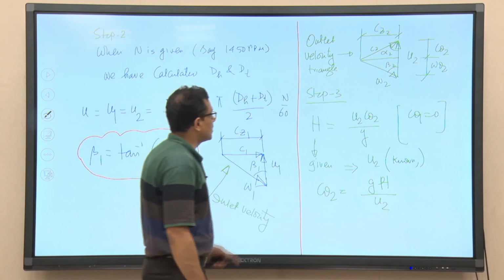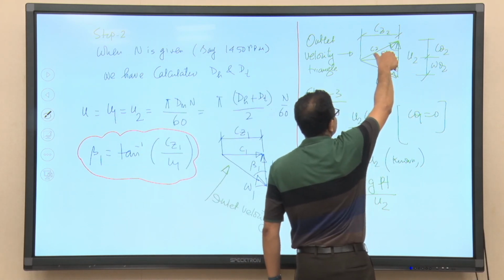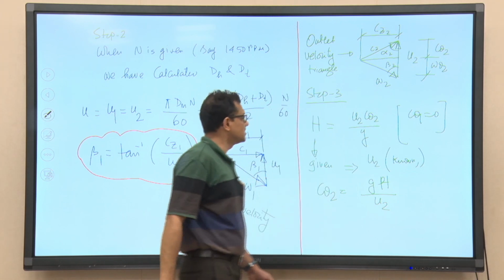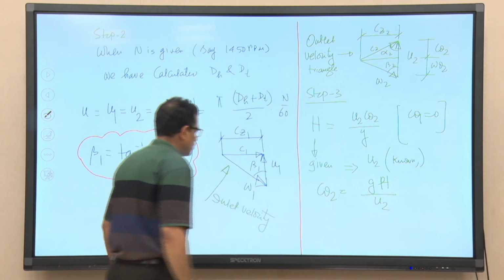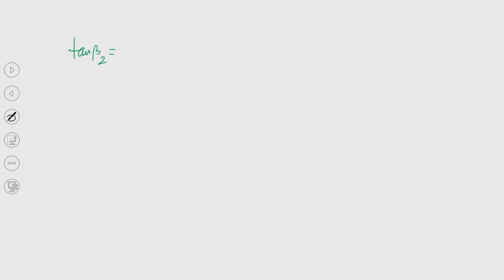How can we calculate beta 2? You can understand tan beta 2 is nothing but Cz2 by W theta 2.